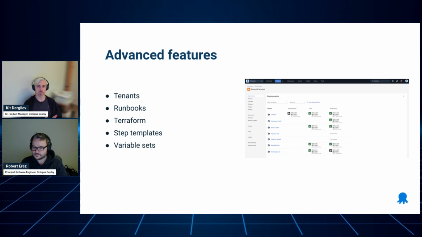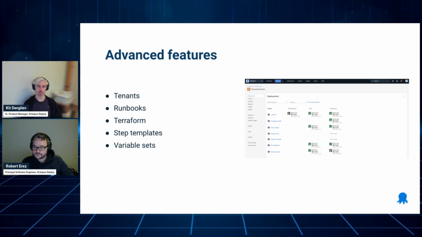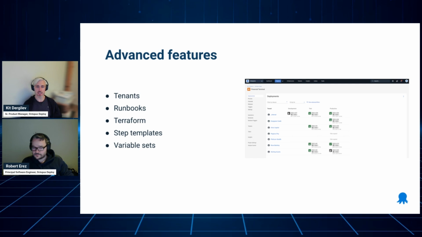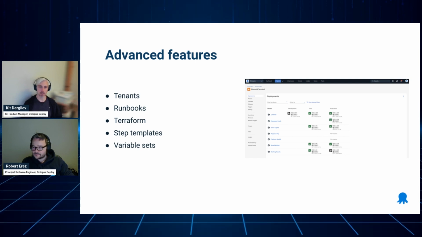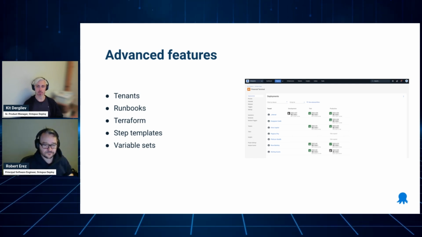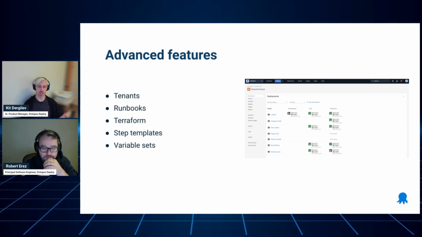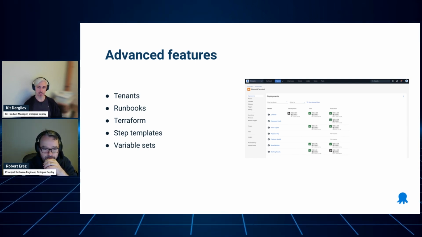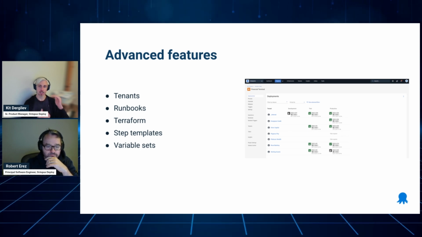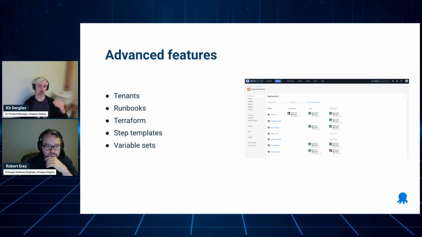But maybe I want a bit more control. Maybe I want to change some variables depending on the region. Let's say in one region I'll have more replicas, in another region I have less. Maybe I have different database connections. Maybe I have different credentials. Maybe I just want to deploy to one region first and to others a bit later. So that's why we have tenants. So you can say in the production environment, I now have 3 tenants.